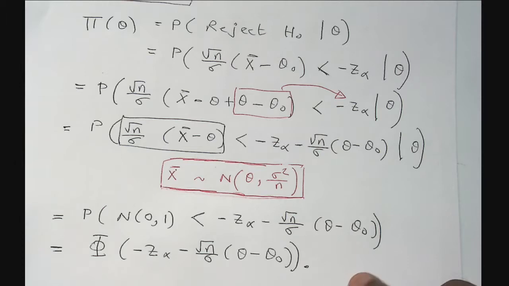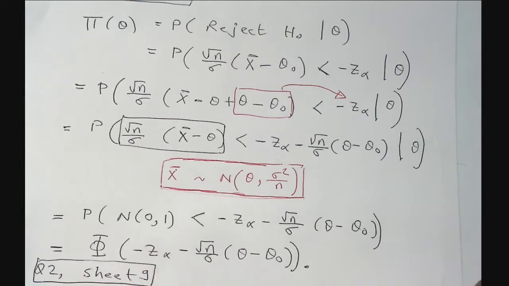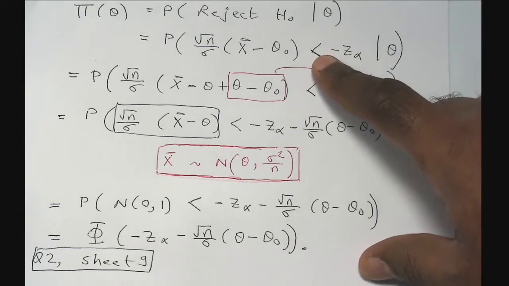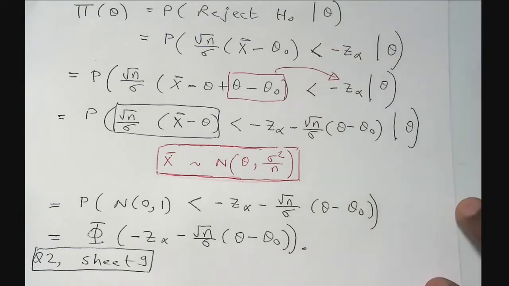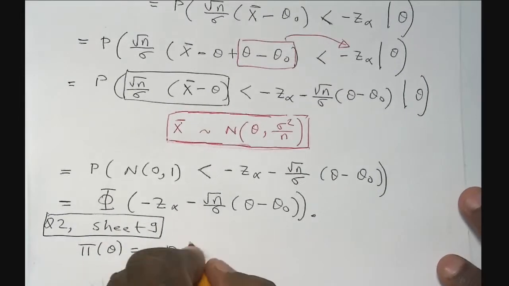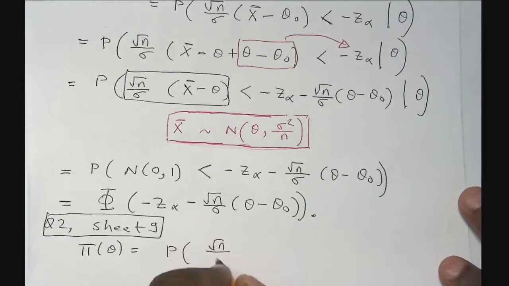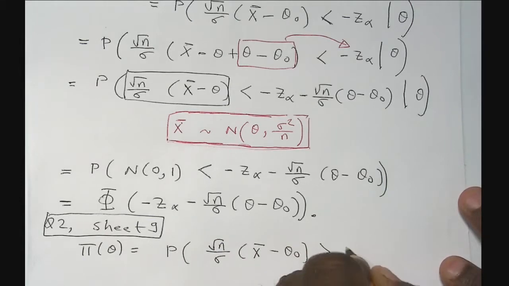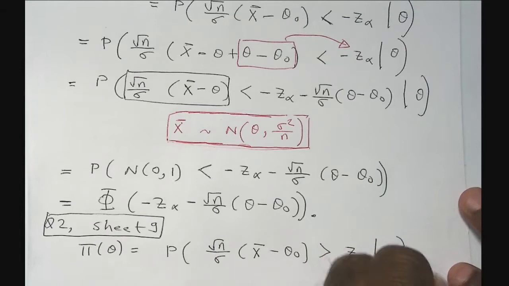Let me also do question 2 because it's very similar. The only difference is that instead of being less than, you have greater than. So the power function pi of theta is simply the probability that root n over sigma times (x bar minus theta 0) is greater than z alpha, given theta.